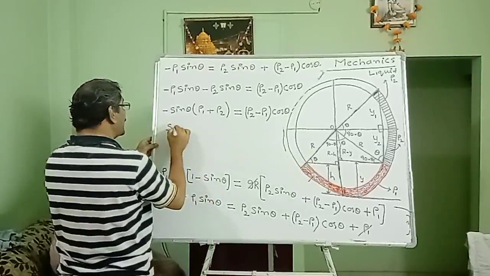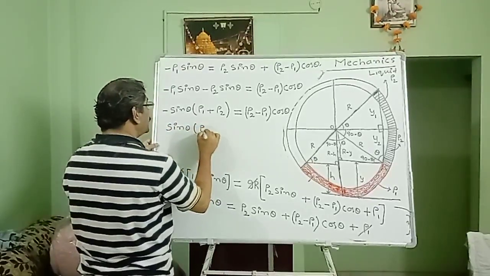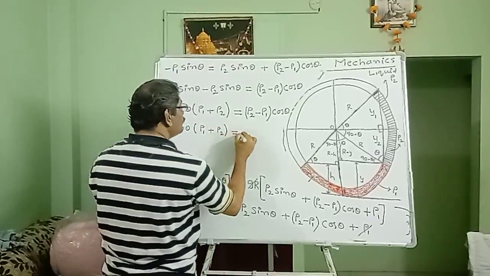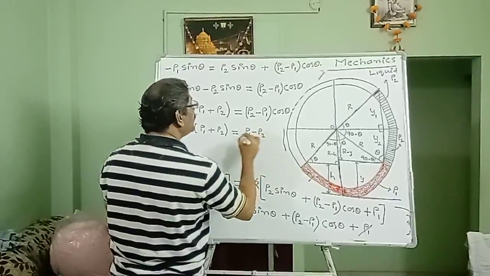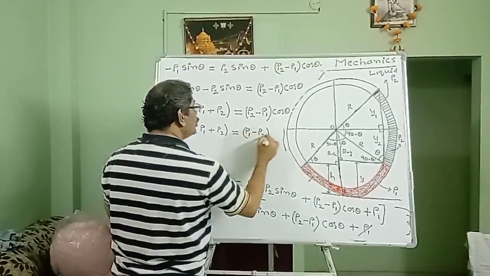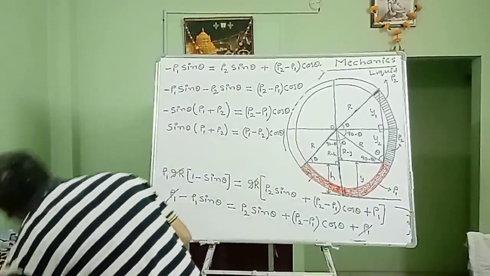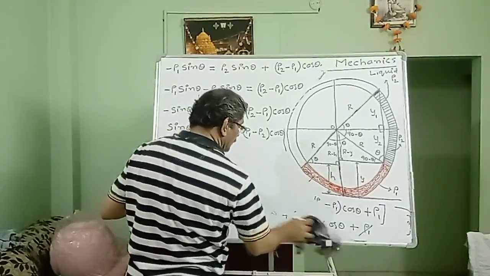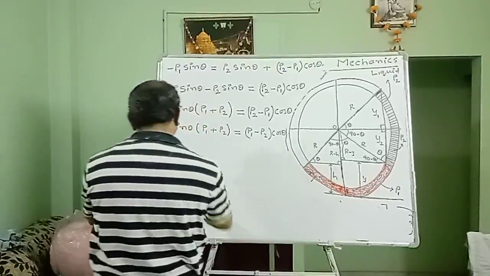So what you get: sin theta multiplied by rho 1 plus rho 2 will be numerically equal to rho 1 minus rho 2 multiplied by cos theta. So now what do you do? Further, I can find the value of tan theta.